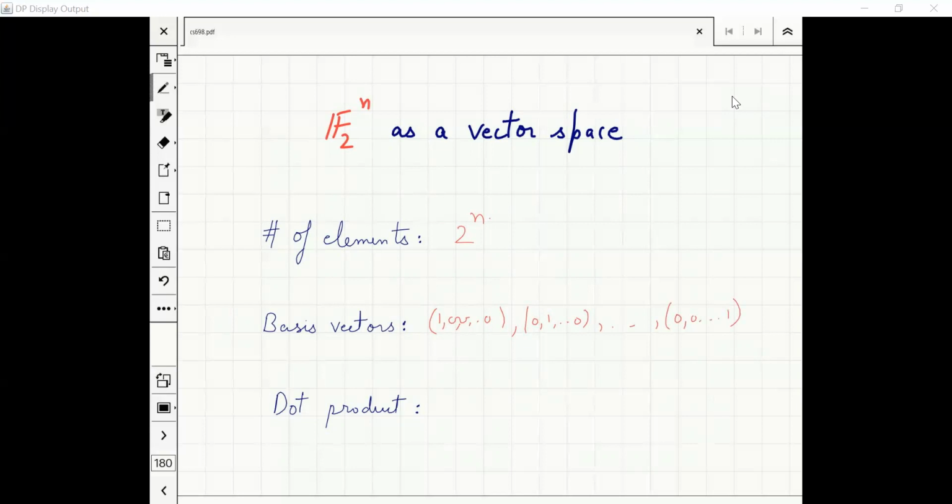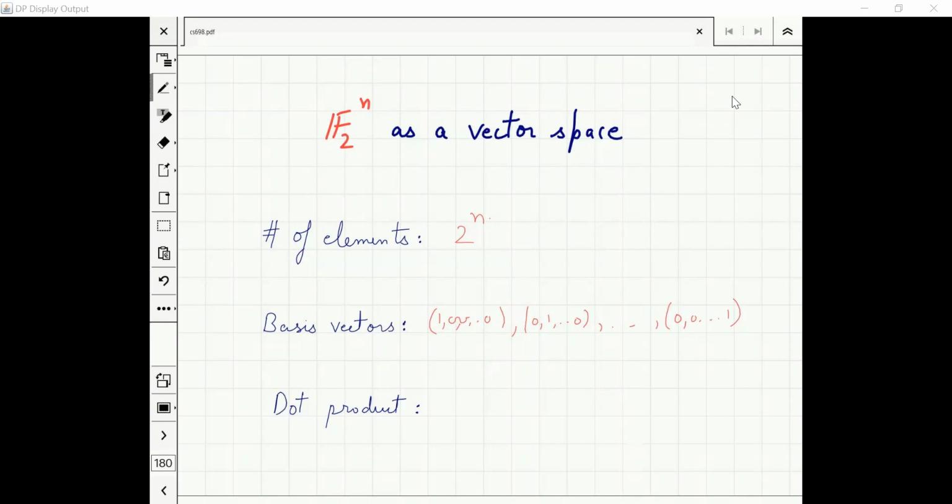What about the dot product? Can we define dot product here? Anyone? Aditya, Vatsal, what is the dot product in this vector space? Yes, just the Euclidean dot product, but then you take it mod 2.